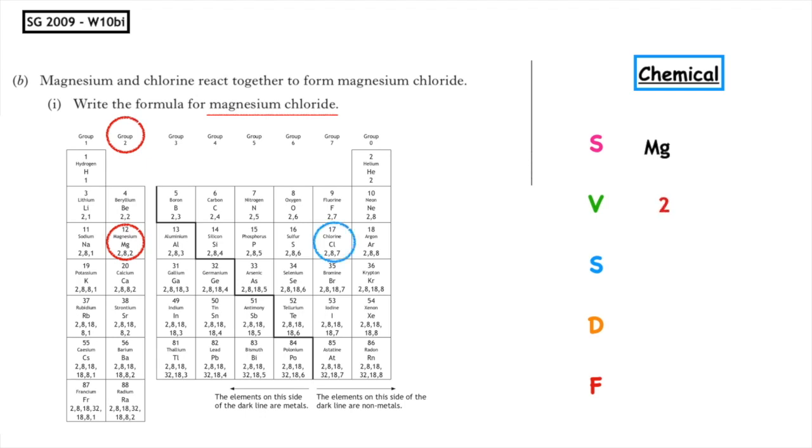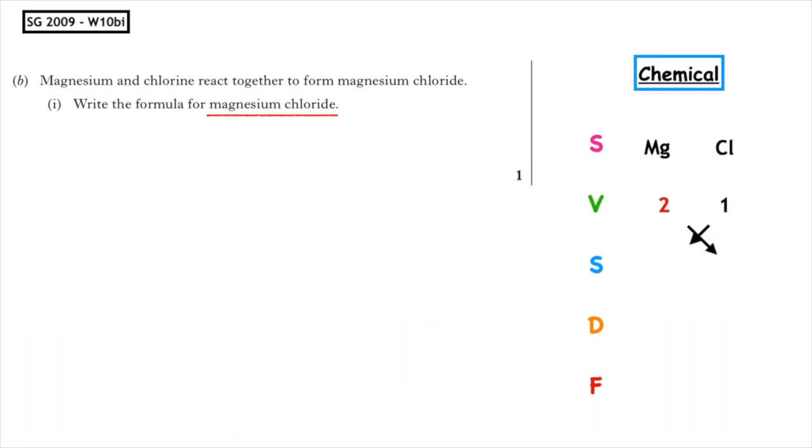Chlorine, symbol Cl, it's found in group 7, valency 1. We swap those valencies over. Highest number they can both be divided by is 1. 1 divided by 1 is 1. 2 divided by 1 is 2. So the chemical formula is MgCl2.